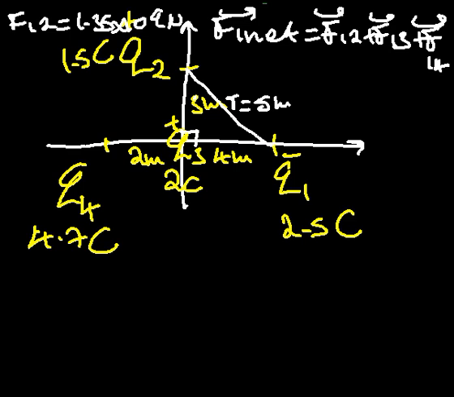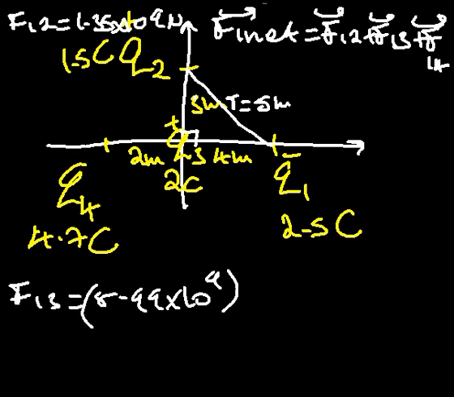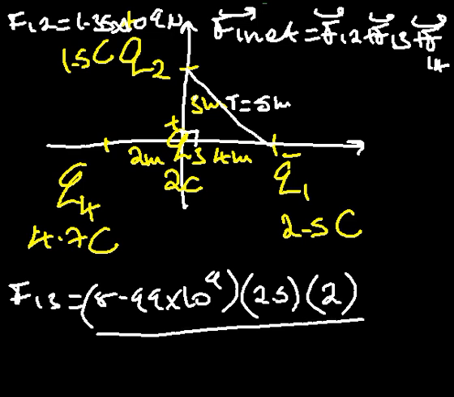Using Coulomb's law, we have F13 given as 8.99 times 10 to the power positive 9. And what is charge 1? We have it as 2.5. And what is charge 3? We have it as 2 coulombs. And we divide by the separation distance, which is 4, which is the same as 16.